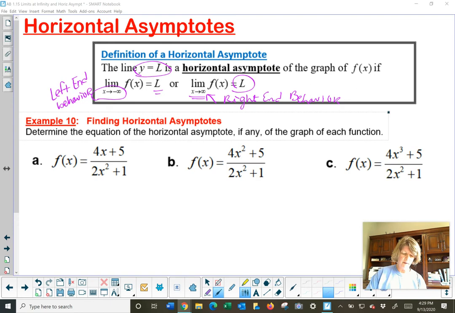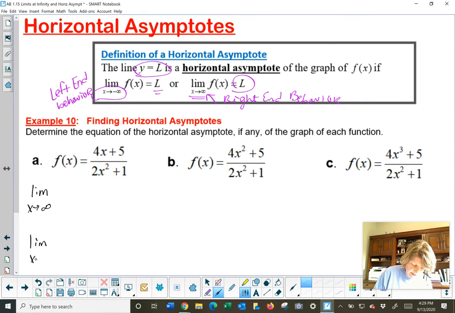So it says determine the equation of the horizontal asymptote. Basically, what we've got to do is find the limit as x goes to infinity and the limit as x goes to negative infinity. For this one, I want 4x plus 5 over 2x squared plus 1.